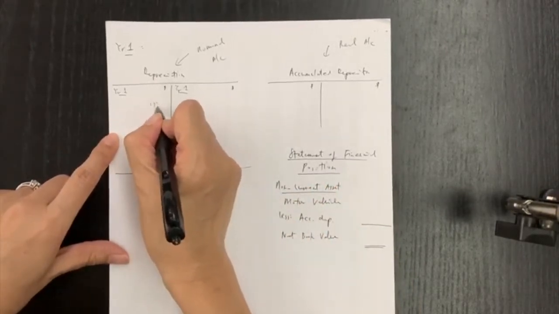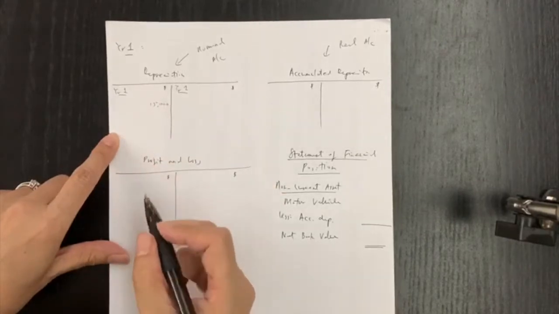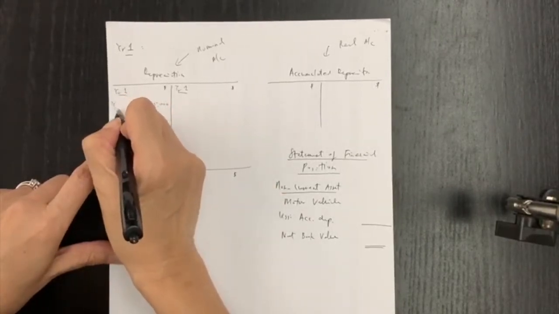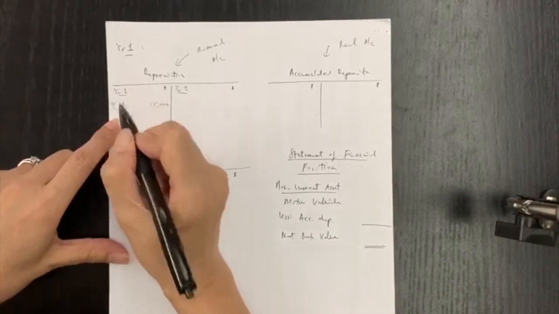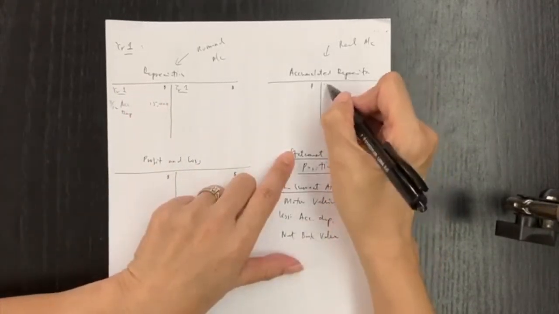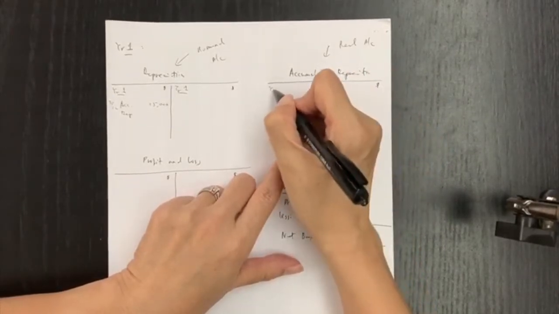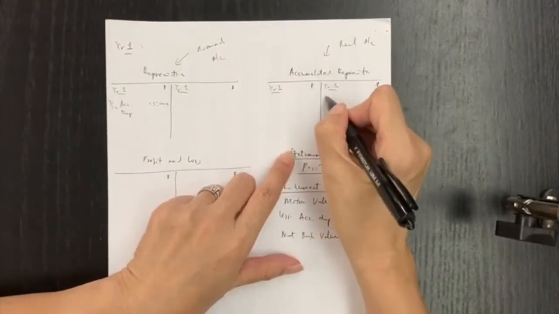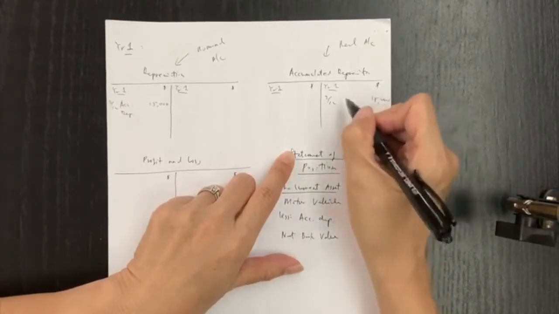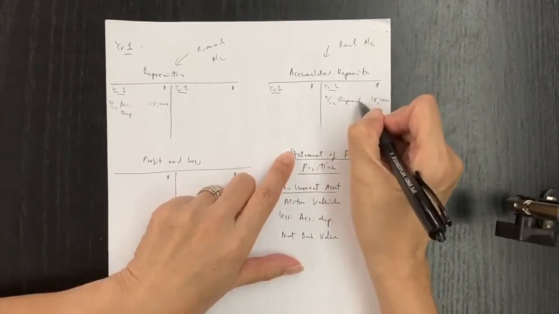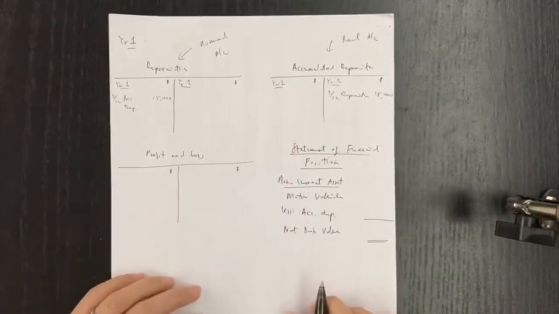Here I put 15,000, and we provide that at the end of year 1 because of accumulated depreciation. So I go to this credit side, year 1, 31st December, and I also have 15,000 here because of depreciation. This is the posting.